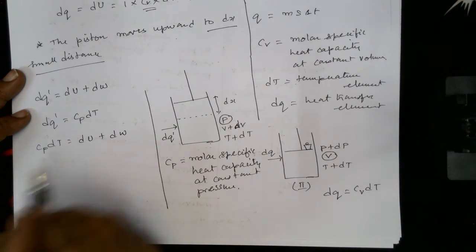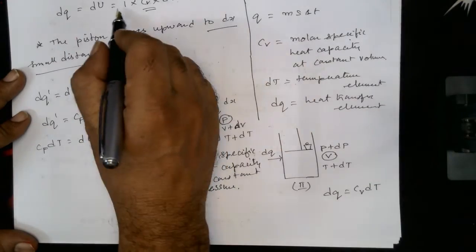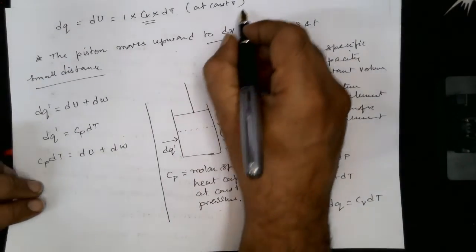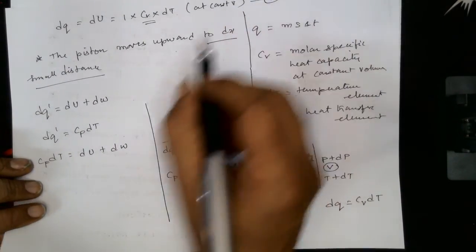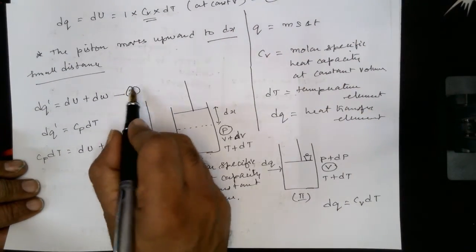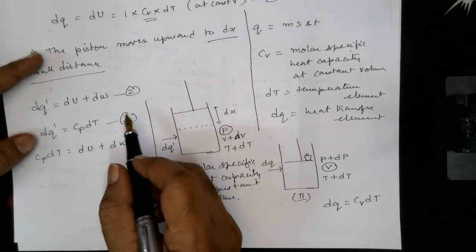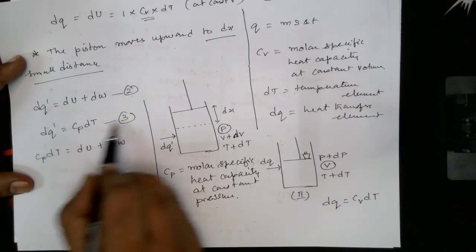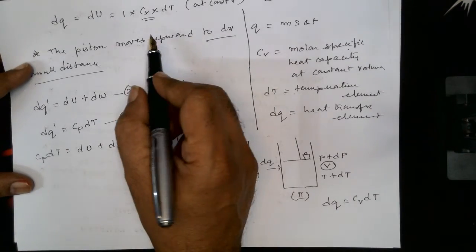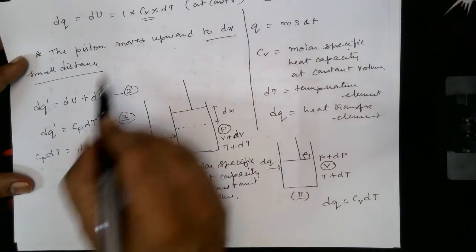And du is nothing but we have got already in this equation. So let me number this equation so that you will find it comfortable. So this is the first equation, this is second equation, this is third equation. Now you can substitute the third and also the first in this equation.